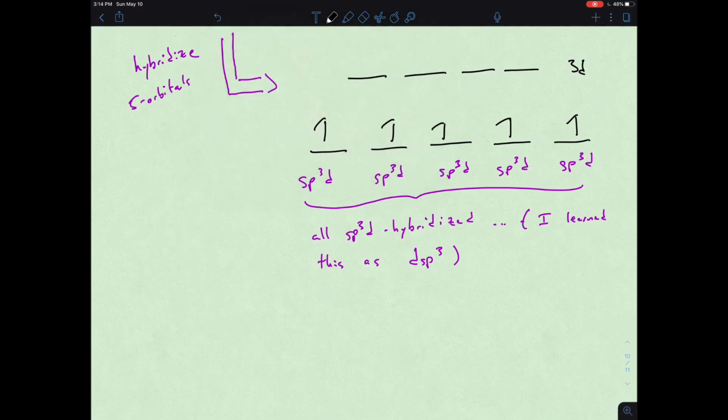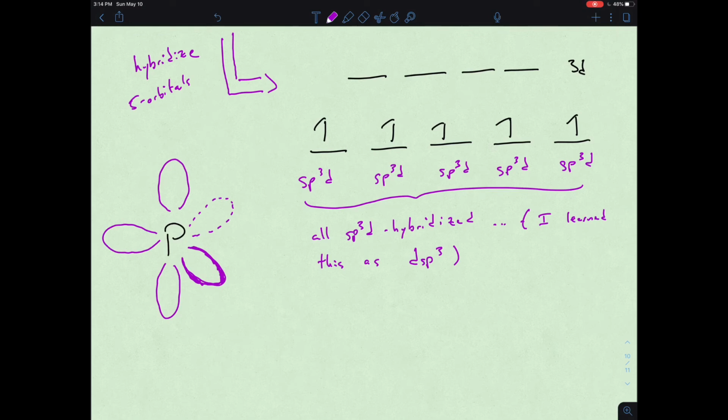And so going a little bit faster here, the shape is just what we would expect so far. That these hybridized orbitals are going to have that configuration that we have for the trigonal bipyramidal structure.